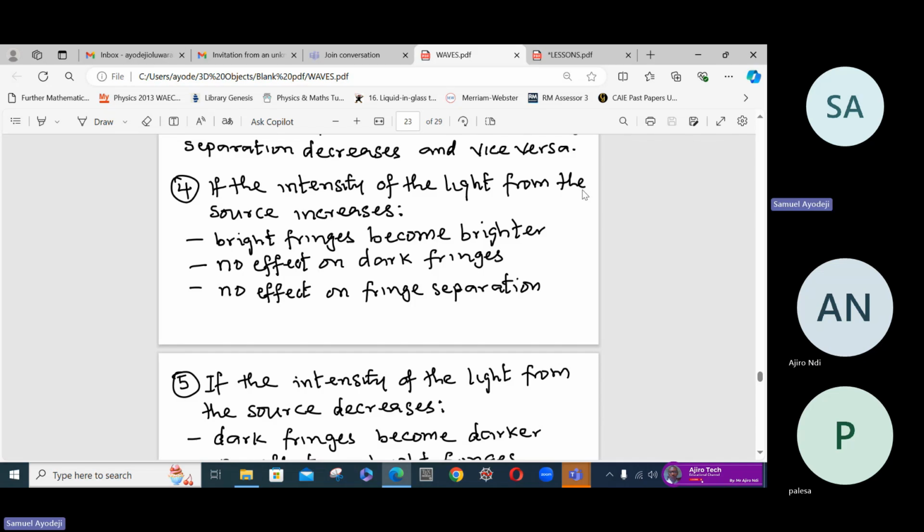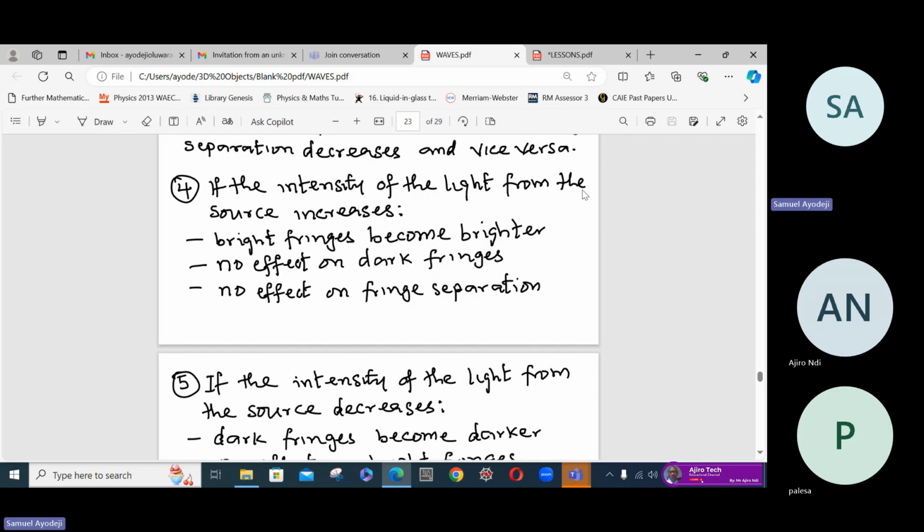Whatever makes the intensity increase will have an effect on bright fringes. Whatever makes the intensity decrease will have an effect on dark fringes.